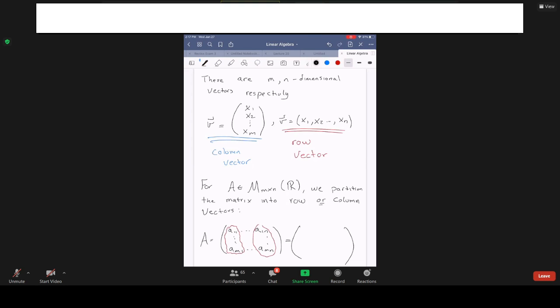So let's call them A1 as a vector, A2 as a vector, all the way to An. So we can represent this matrix as a partition of column vectors, where each of those vectors has components a11 and all that stuff.